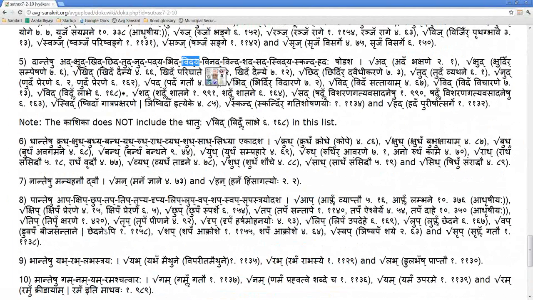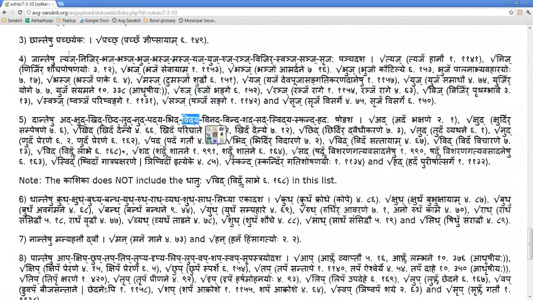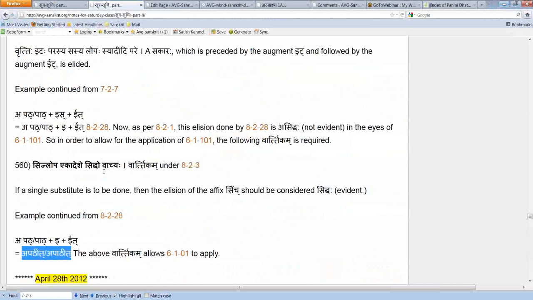And then Vraja, among the Jakaranta: Tyaja, Nijir, Bhaja, Bhanja, Bhuja, Bhrashja, Mashcha, Yaja, Yuja, Ruja, Ranja, Vijira. Vraja is not there. So these Dhatus are going to allow the Idagama. So just like in the case of Patha, the same thing would have happened for Vada and Vraja. So even though you might think, what's the point of saying Vada Vraja Halantasya cha, when the sutram already says Halantasya?